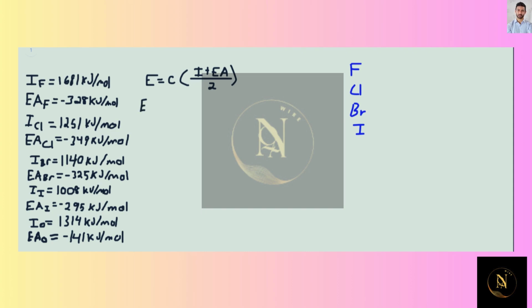First let's find the value of C. C is going to be equal to 4.0, the electronegativity of fluorine, divided by 1681 plus 328 over 2. So C is equal to 5.9 times 10 to the negative third.